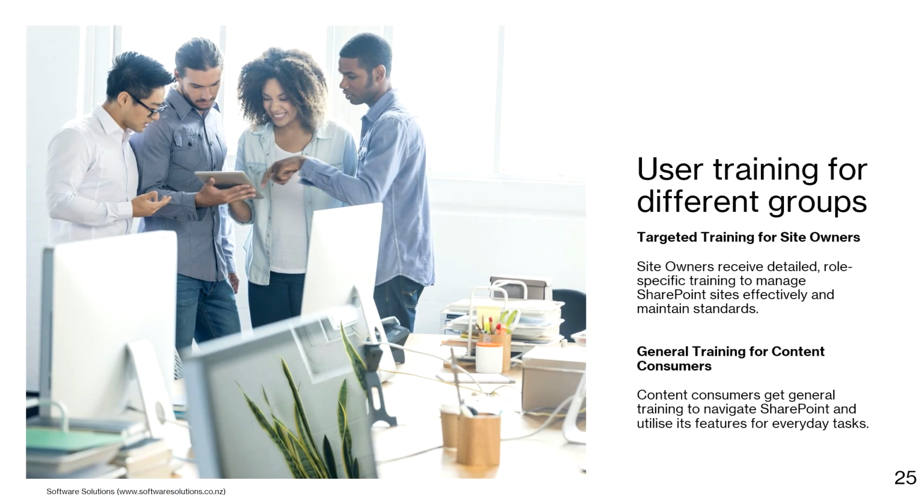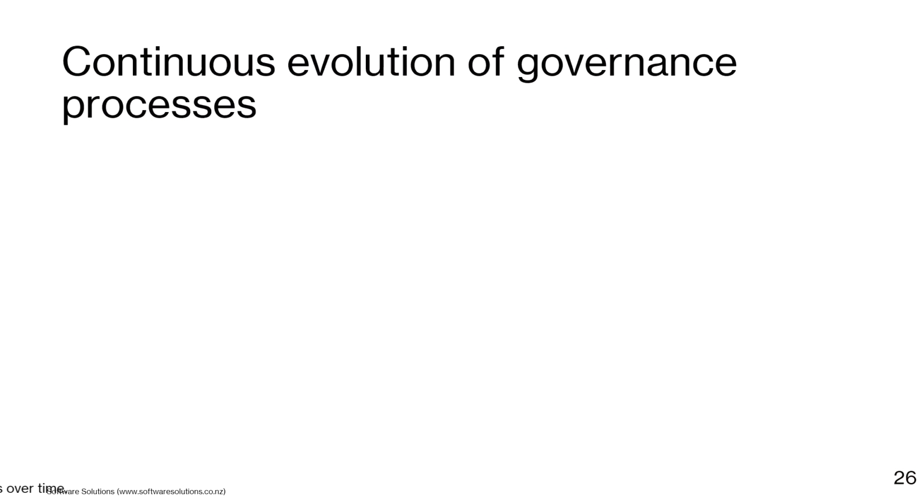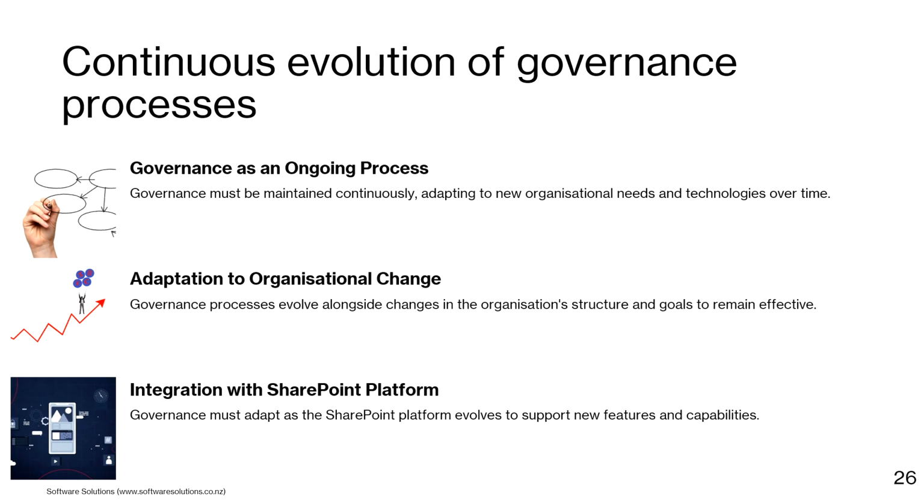User training: providing appropriate training for different user groups, for example, specific training for site owners versus general training for content consumers on how to use SharePoint according to the new standards. In short, governance is a continuous process, not a one-time project. Governance must evolve as your organisation and the SharePoint platform change.